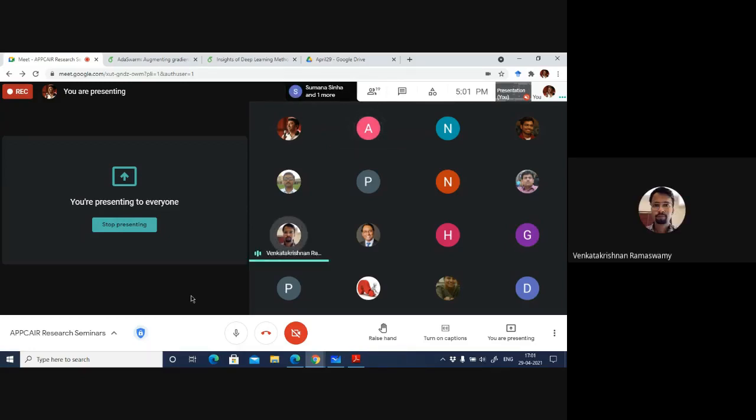I had one, if I may. Maybe I missed this, but could rules such as dropout be incorporated into this framework as well? Yes, we have already done it. There are certain implementation issues that I haven't been able to talk about, but yes, it could be, and it's already done.